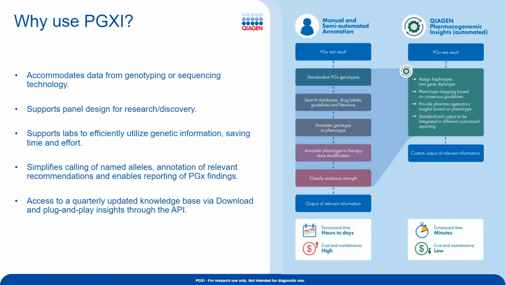But with the PGX API, or the pharmacogenomics insight product that we're releasing here today, all of those steps in the middle are now automated. So it's as easy as loading a PGX test result. Everything will be automated through the API, and then you're going to get all the curated content and evidence from our team, which you could integrate and see what relevant information is important to report on your site.